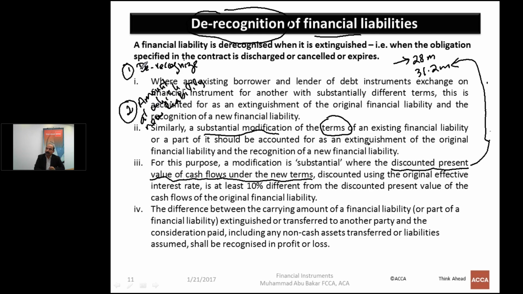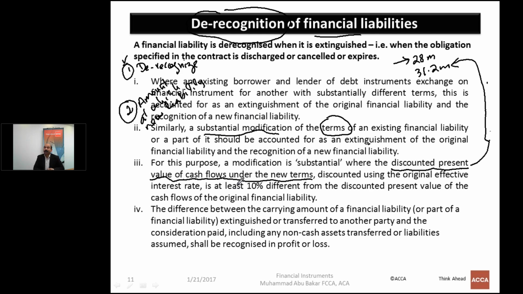So okay, we answered the first question: should we recognize this 28 million? The answer was yes, because when we saw the difference between these two, this was more than the 10% threshold. So that's why we made the first decision on the basis of guidelines given in this slide.